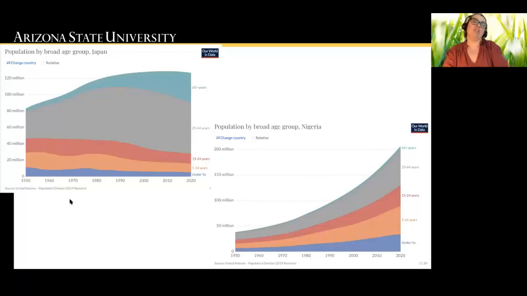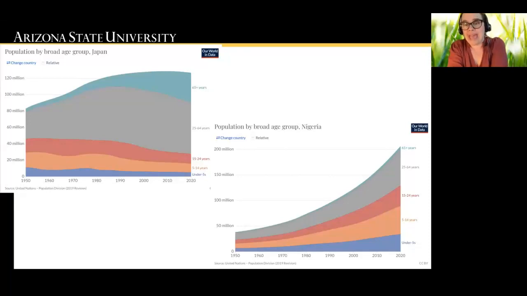Another interesting way to look at the data is by comparing Nigeria in Africa, which has a low life expectancy and a high child mortality rate, and Japan, which has a high life expectancy and a low child mortality rate.